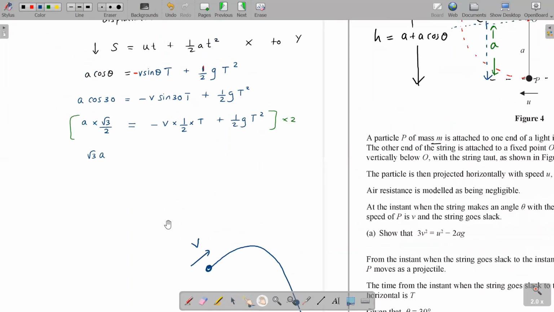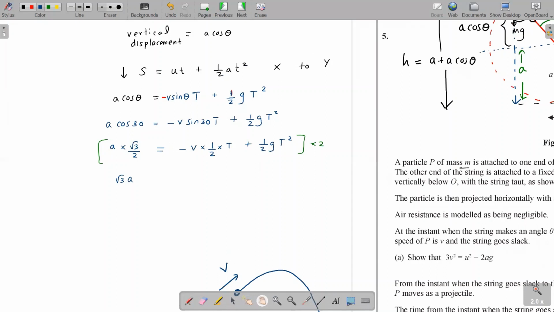No. I get here minus vT plus gT square. Do you see what I'm getting here? I'm getting a quadratic equation in T. So 0 equals gT square minus vT minus root 3a.